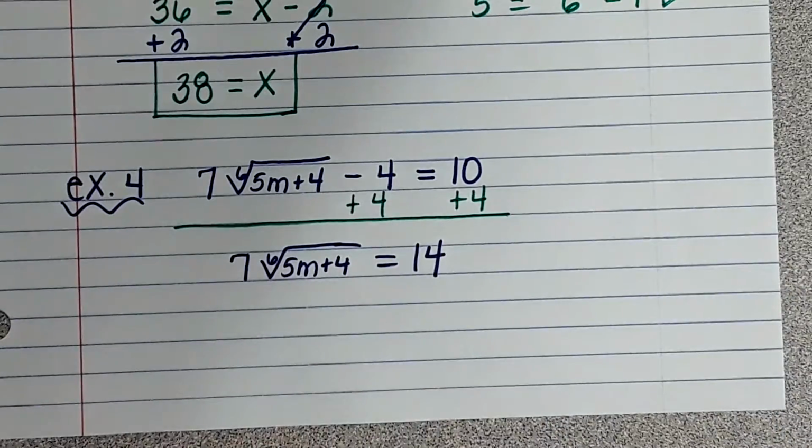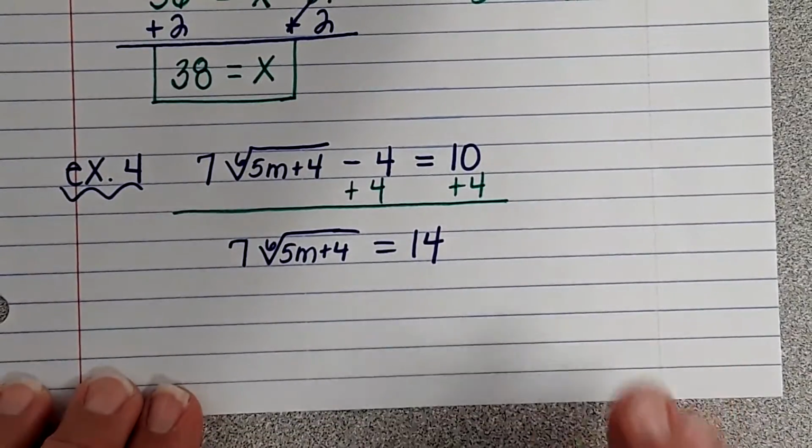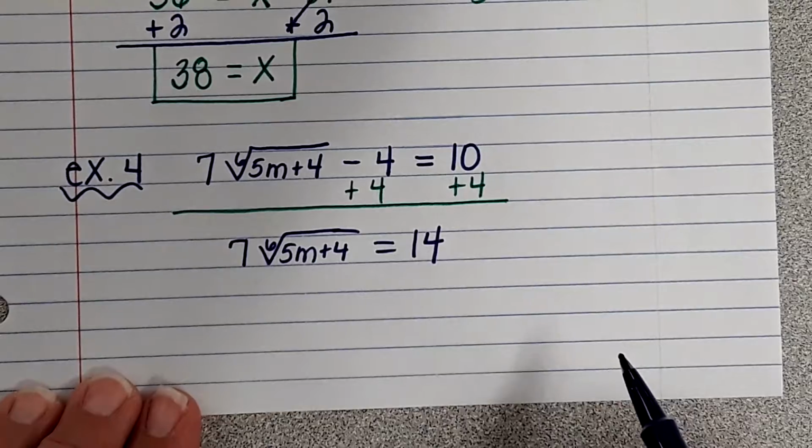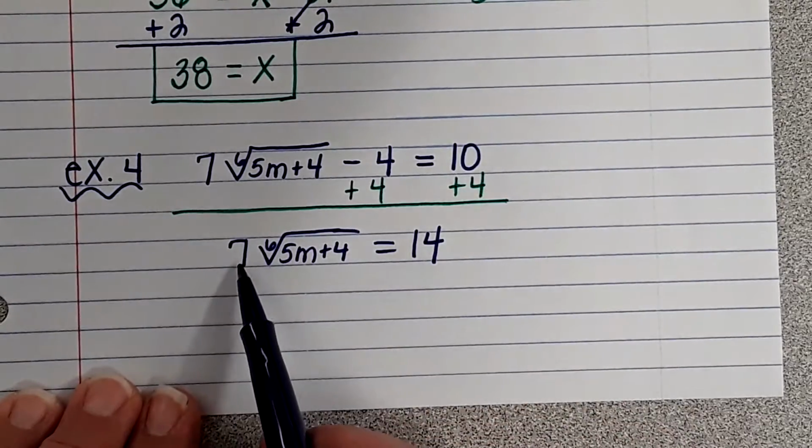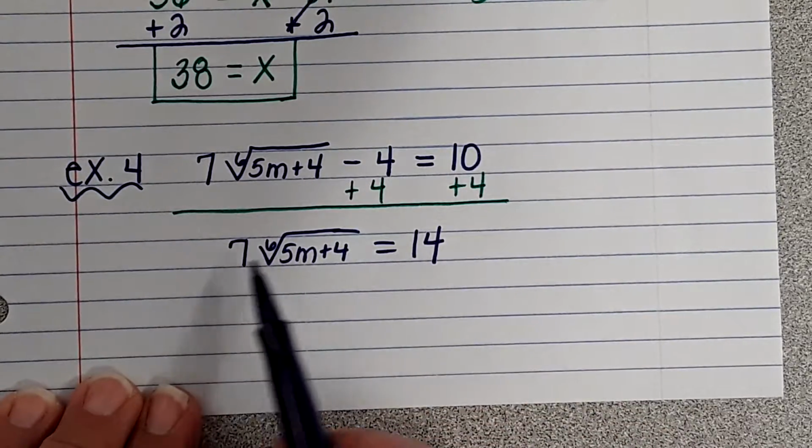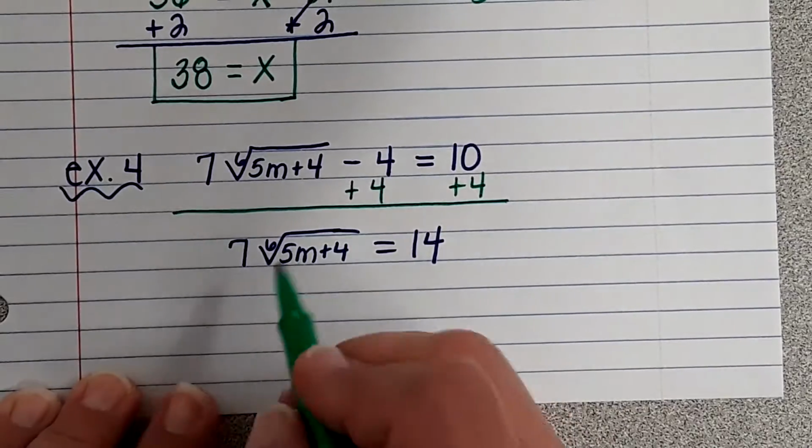Okay, now what am I going to do? What's in front of the radical? So now I'm going to divide by 7.